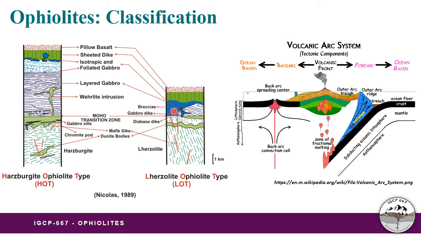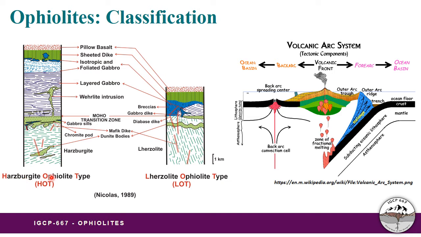Otherwise, oceanic crust such as the Troodos, Semail, and İzmir, Ankara suture zone ophiolites forms at fast seafloor spreading non-rifted ridges. These Mediterranean-type ophiolites display Penrose-type ophiolite sections, also characterizing the harzburgite ophiolite type, namely hot-type ophiolite sections.